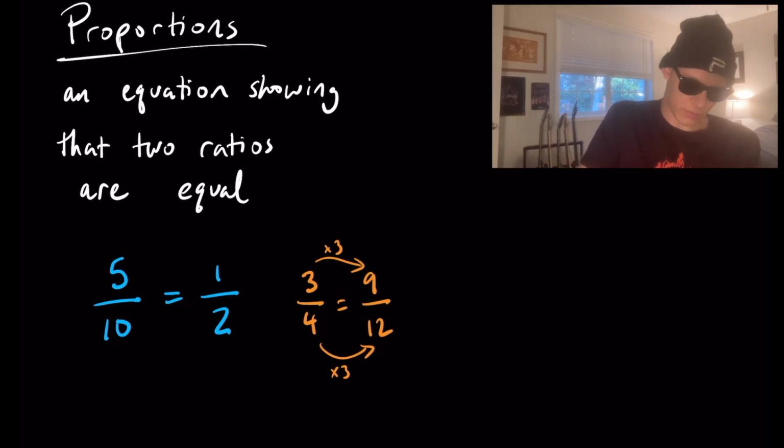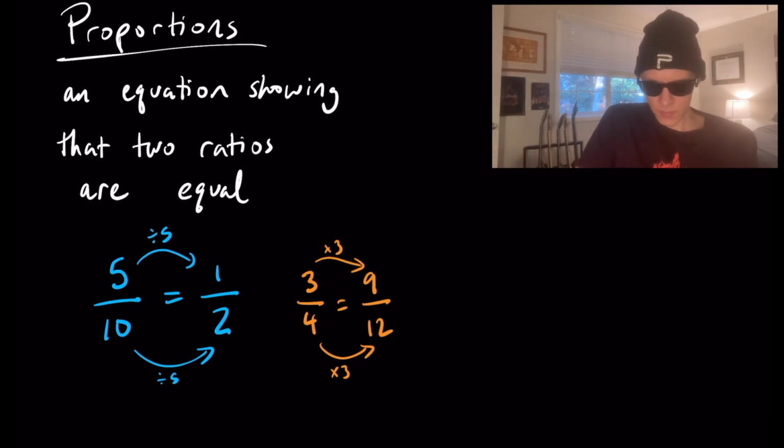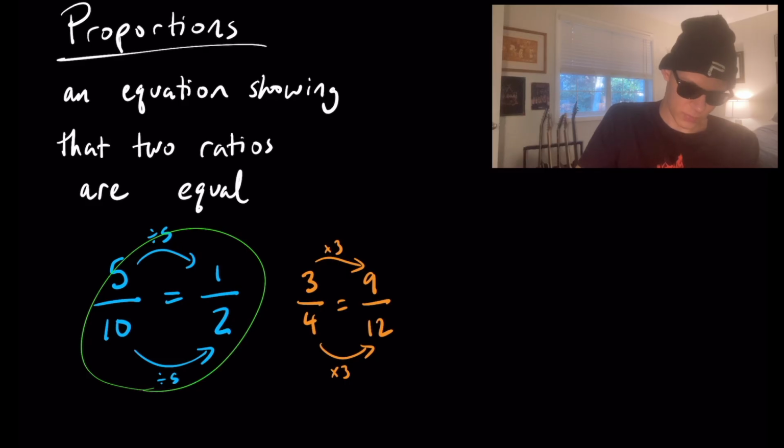Same thing over here in blue. If we go left to right, we're dividing that 5 by 5 to get 1. And then we're also dividing that 10 by 5 to get 2. You can also go the other way around if you want to use division. So, or actually multiplication, we'll look at this one first.